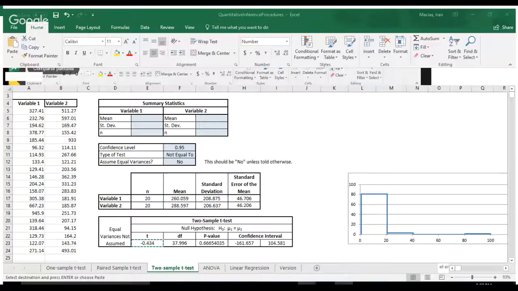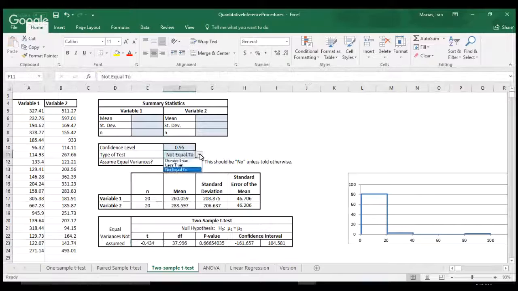But if you look back at the beginning where the information is, do you see where it says the null hypothesis is that U1 equals U2, and the alternative hypothesis is that U1 is less than U2? So we have to go to our Excel sheet and change the type of test, because you have to make it less than.